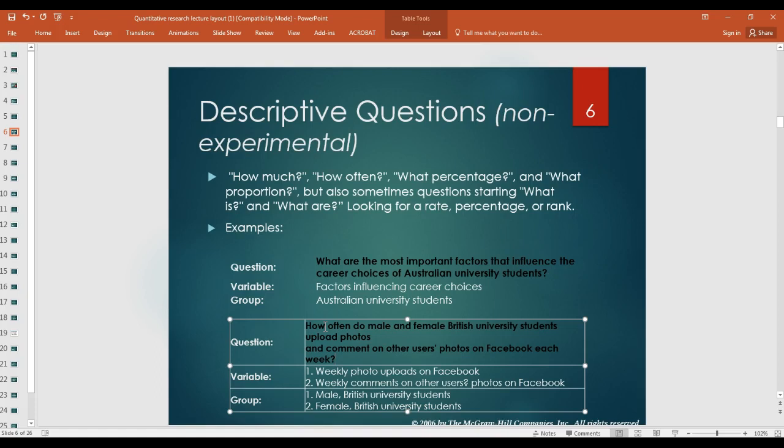You have 2 groups, males and females, from the same British university. So that's a descriptive question of a non-experimental research design.